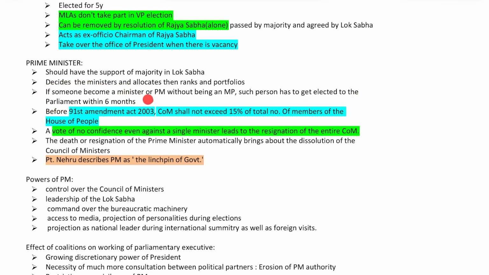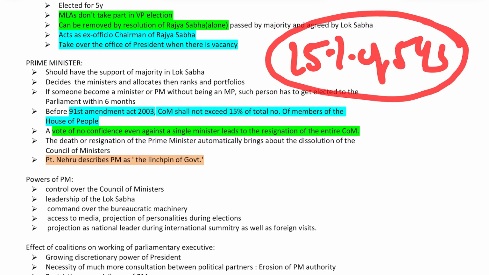Before the 91st Constitutional Amendment Act of 2003, the Council of Ministers was not to exceed 15%. So now there's a norm after the 91st Amendment Act of 2003 that the Council of Ministers should not exceed 15% of the total number of members of the House of the People, so 15% of the members of the Lok Sabha, so 15% of 543.